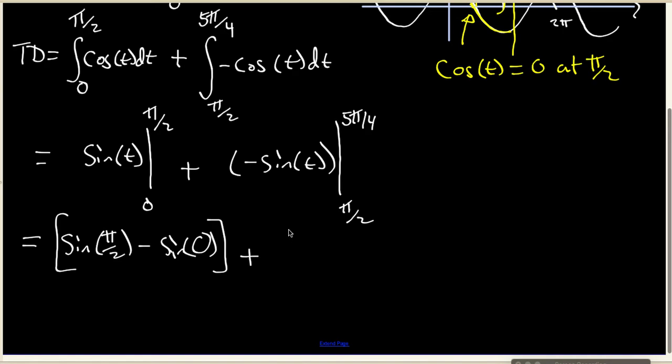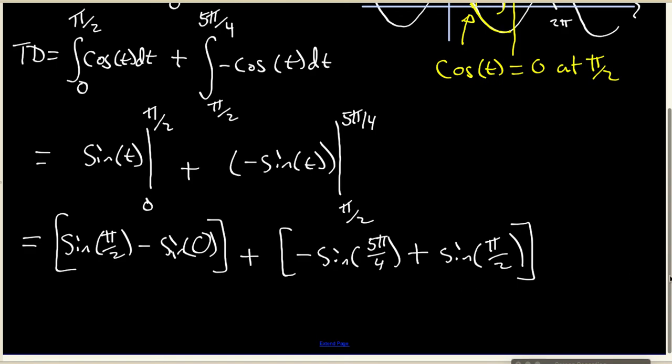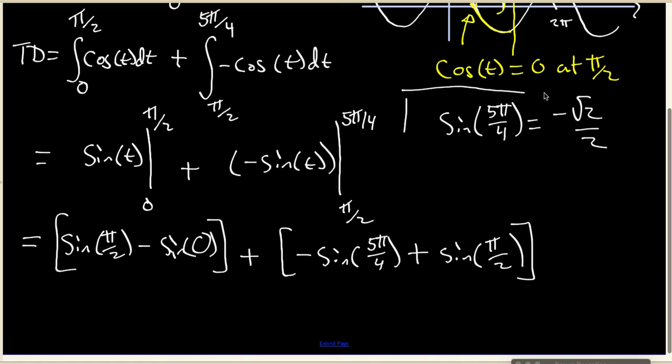Now, because of this minus sign, I'm going to have minus the sine of 5 pi over 4 minus a minus sine of pi over 2 inside this set of brackets. And now it's just a matter of figuring out what these numbers are. And we've already seen that the sine of 5 pi over 4 was minus the square root of 2 over 2. That was from before.